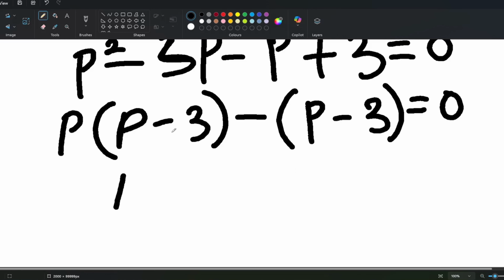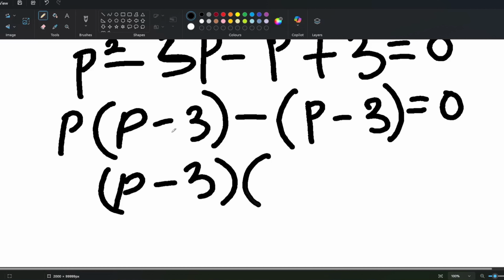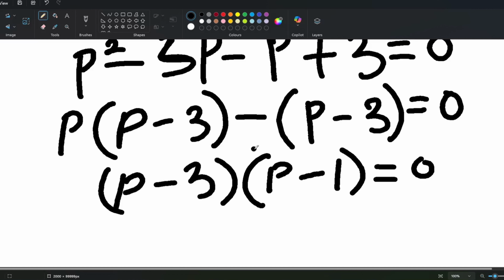So p minus 3 is common, we also bring it out, and p minus 1 equals 0. So where is this one coming from? This one is coming from here, but that's minus 1, which is common, is what we are now bringing here.